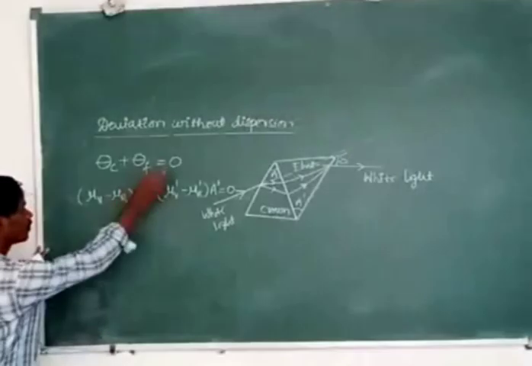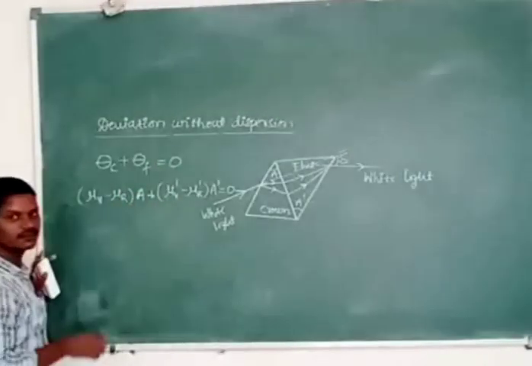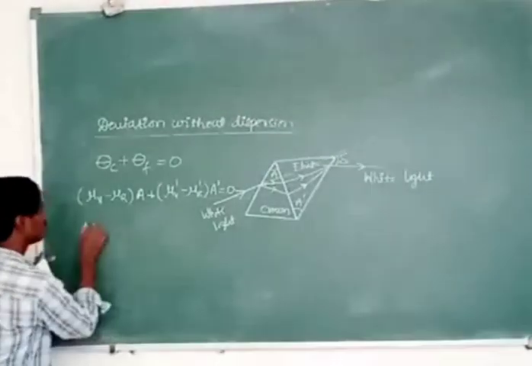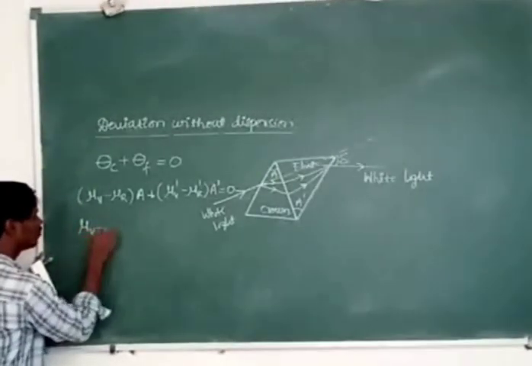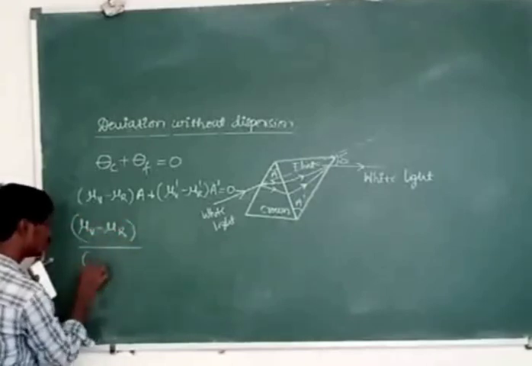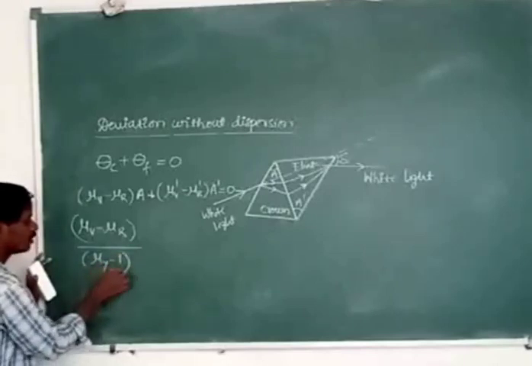Then we are going to multiply and divide by (mu y minus 1). So (mu v minus mu r) divided by (mu y minus 1). Why do we write mu y minus 1 here?